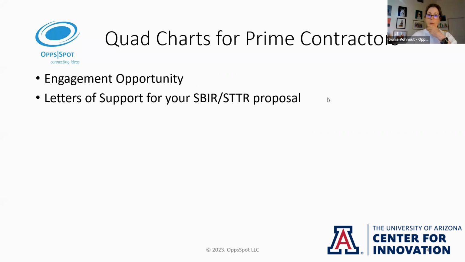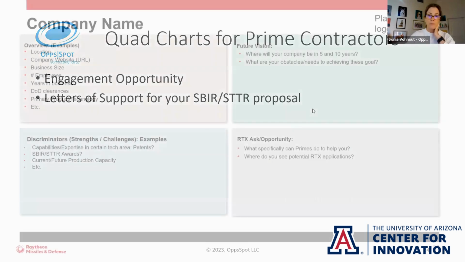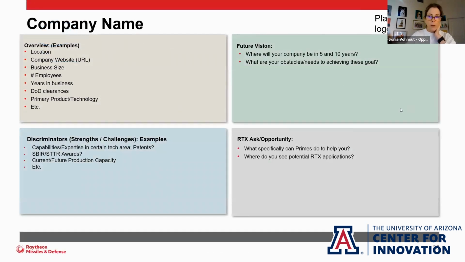Other quad charts are ones where they do know a little bit about you, and they're interested in some topics that come out. Then there could be a matching, where you give them one of these tech briefs or quad charts, and then they'll give you a letter of support. So this is what was happening last week.